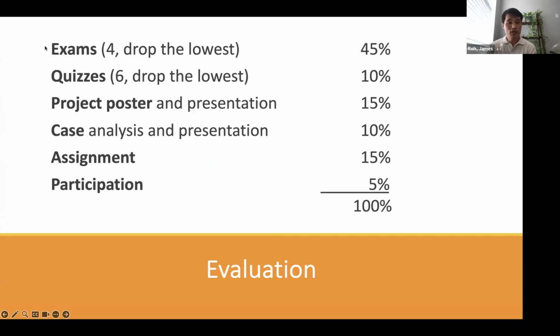Here's the evaluation structure of the course. We'll have 4 exams, and I will drop the lowest. So typically, from my past experience, I can tell you students take first 3 exams and drop the final exam because final exam is cumulative.